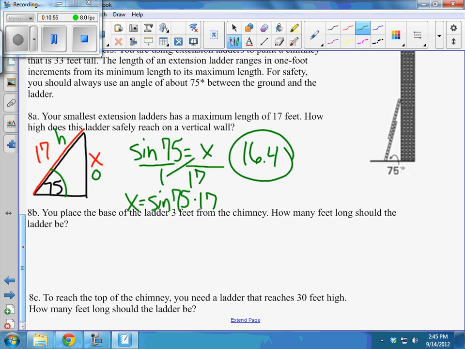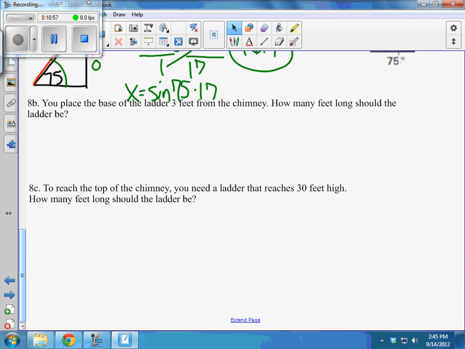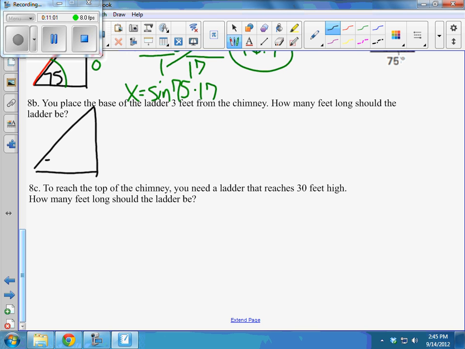All right, 8B, another same triangle. So here we go. You place the base of the ladder 3 feet from the chimney, so that's down here. And how many feet long should the ladder be? There's my ladder. So again, based on this angle, I got adjacent and hypotenuse, so that's cosine.